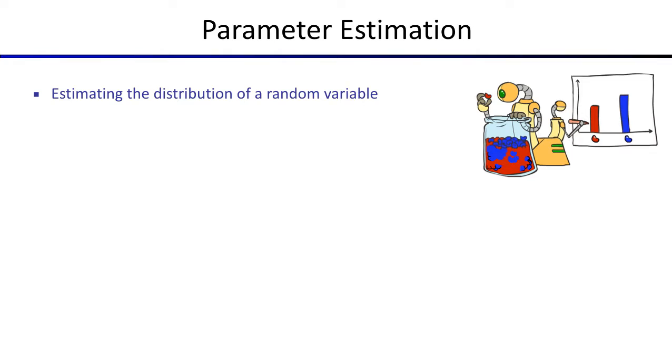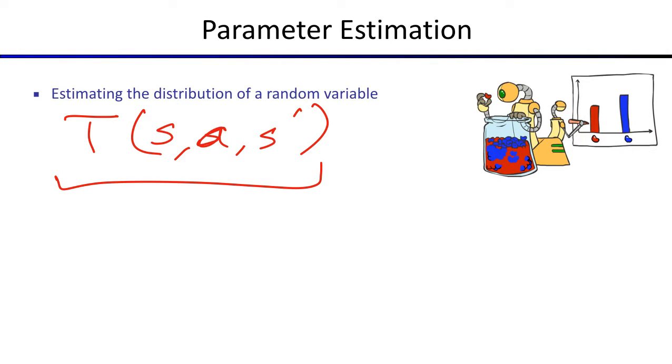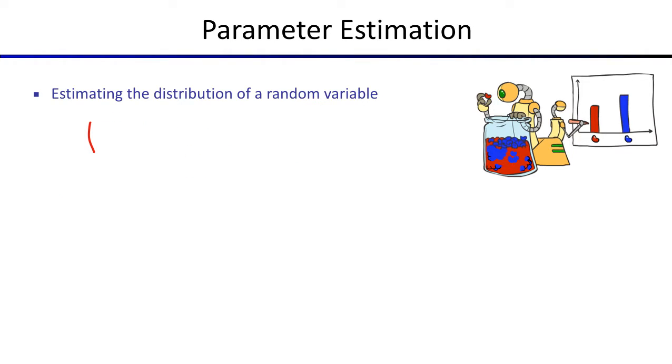Remember when we were doing model-based reinforcement learning, we said I have this transition function T(s, a, s'). This is a bunch of probability tables, and how am I going to learn the values? I'm going to look at all of the transitions that have actually happened to me in the world. When I was in state s and I took action a, where did I wind up? We filled in the tables just by counting the number of outcomes that we actually saw when interacting with the world in practice, and then normalized those to get probabilities.